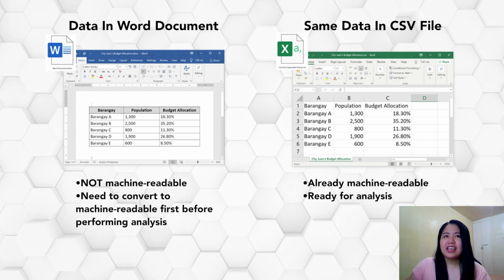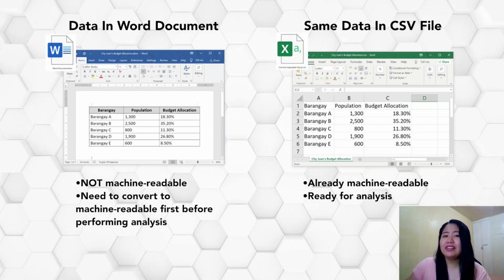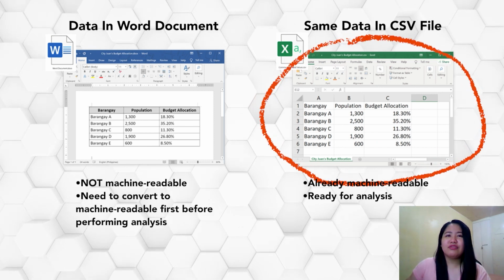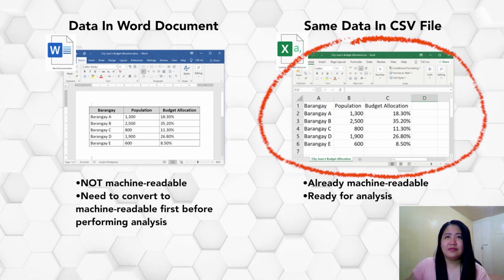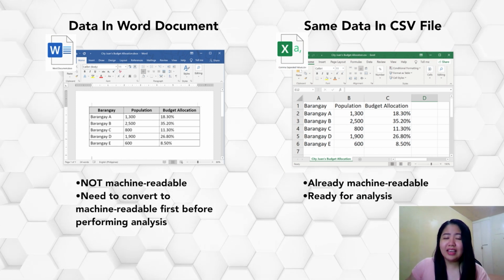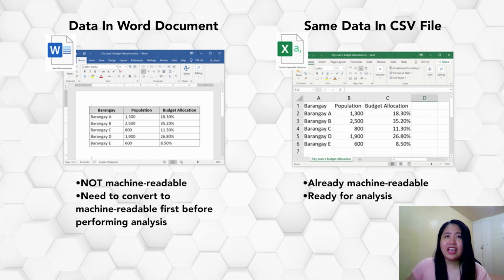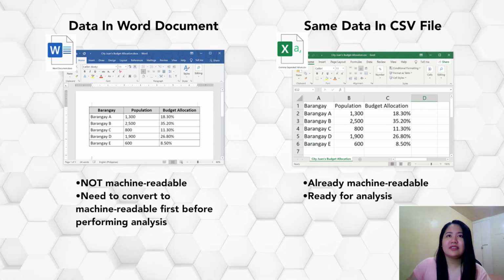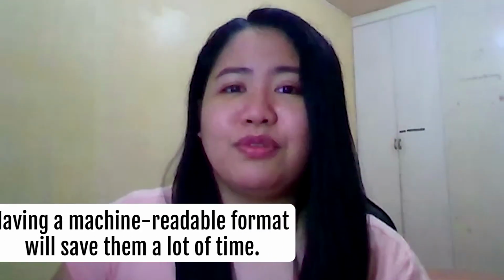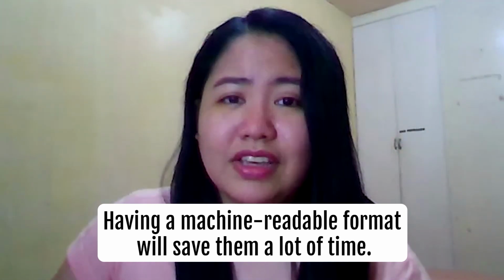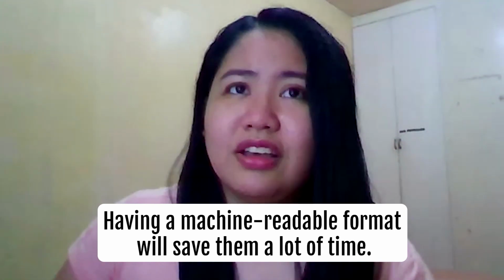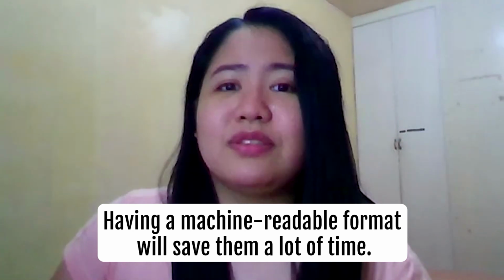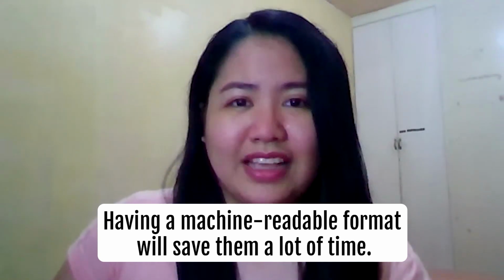As an analyst, I would be very happy if I'll be given data like this one on the right, because analysts have to spend most of their time cleaning data. For them to produce quality and accurate analysis, they have to ensure that the data is already cleaned and ready for analysis. Having a machine-readable format, ideally CSV or XLSX file, will save them a lot of time, hence will make their analysis more efficient and a lot faster.